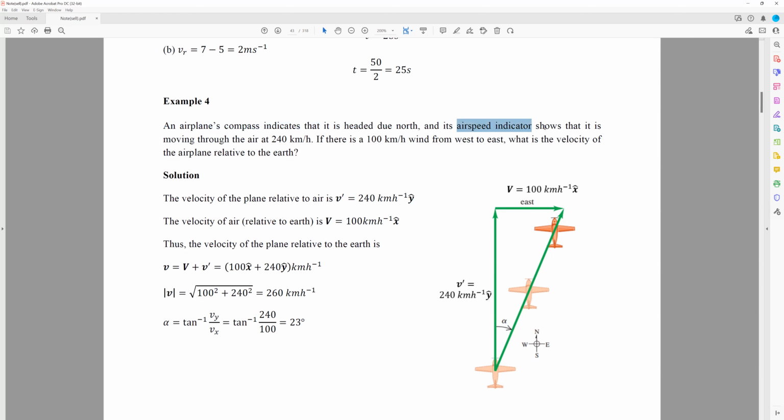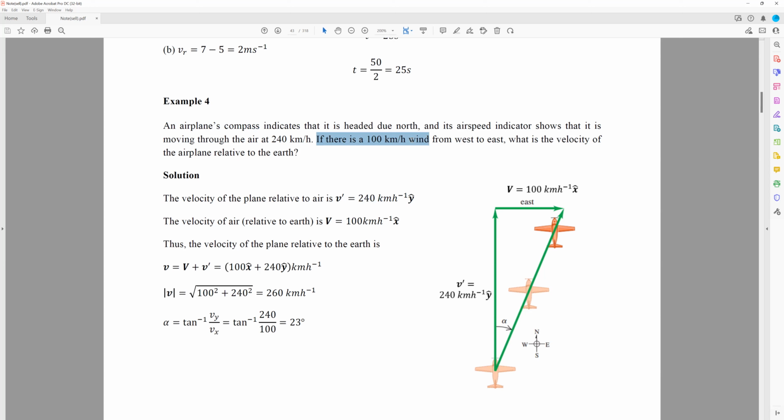And its airspeed indicator shows that it's moving through the air at 240 km per hour. Now, I hope you can understand by looking at the diagram. This is the velocity of the airplane relative to the air. It's 240 heading north.